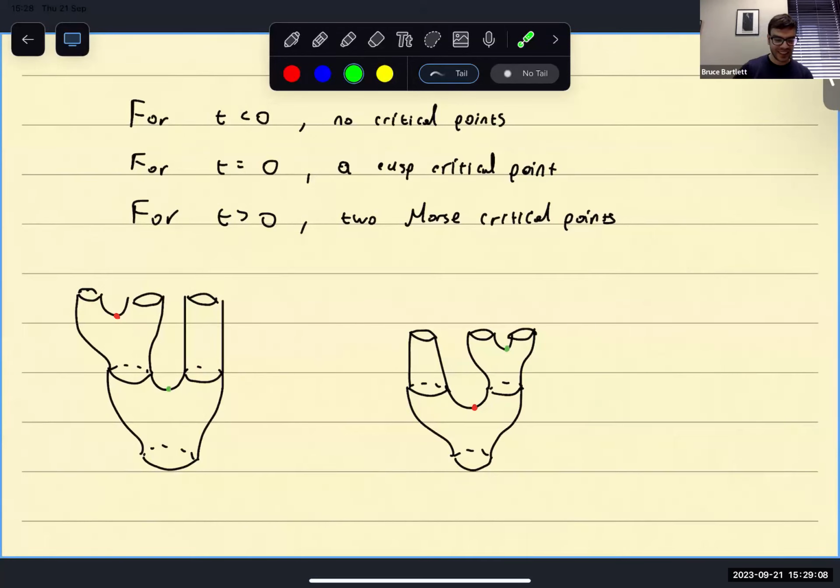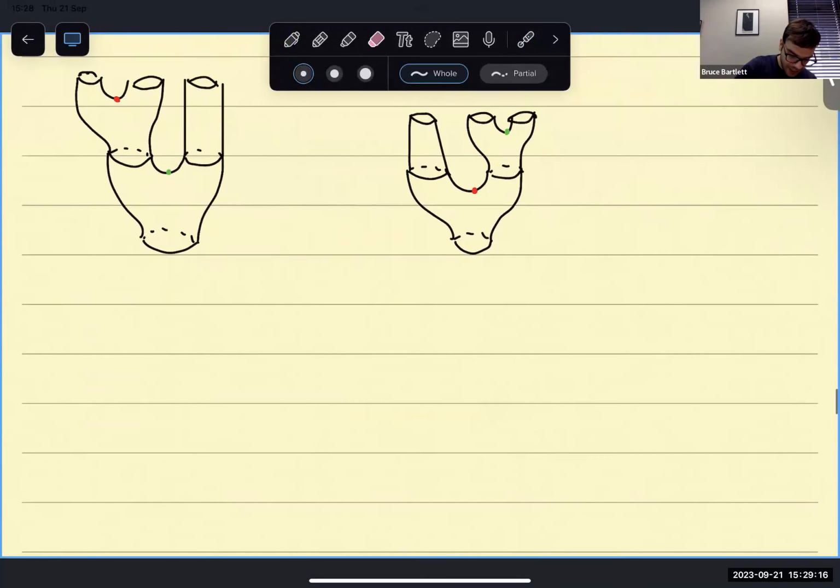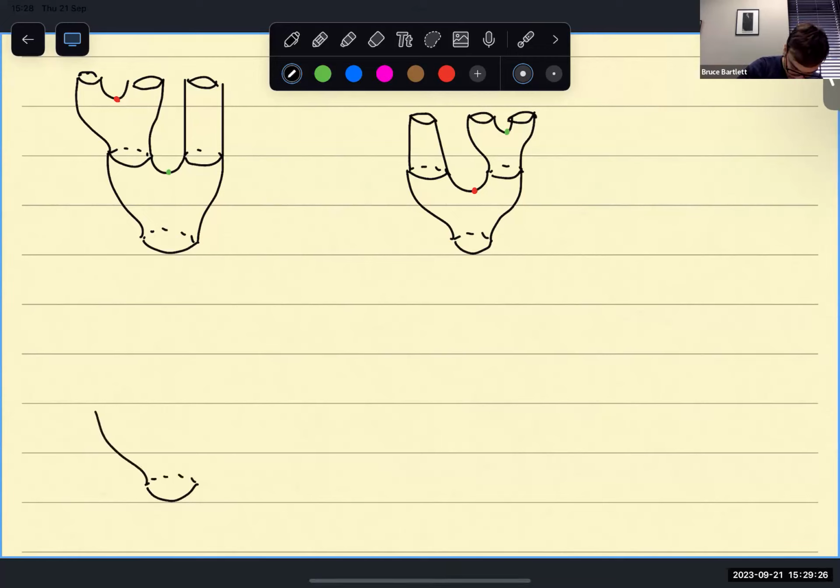So here's what such a diagram would look like for the cusp. Again, I have my pair of copans.